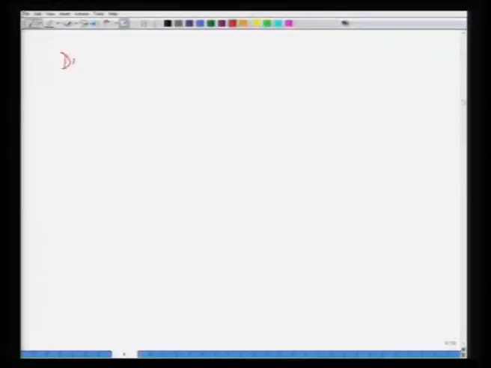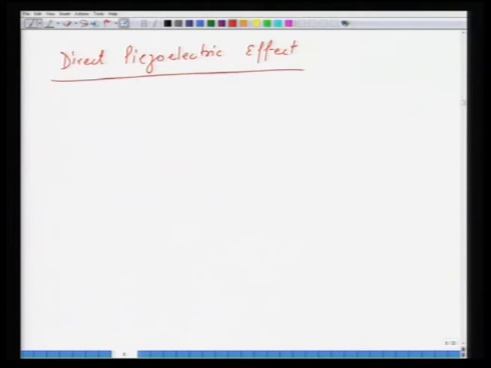Now, what we will do is look at the direct piezoelectric effect a little bit more quantitatively, so that we are able to understand it better.